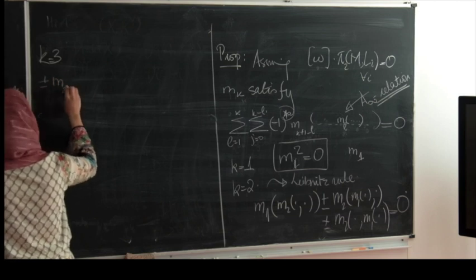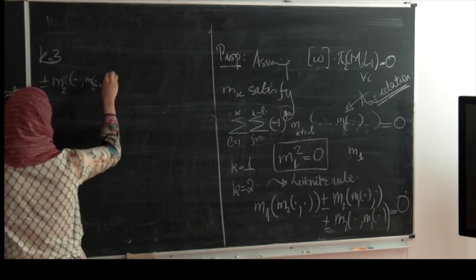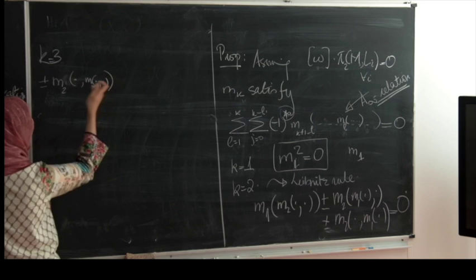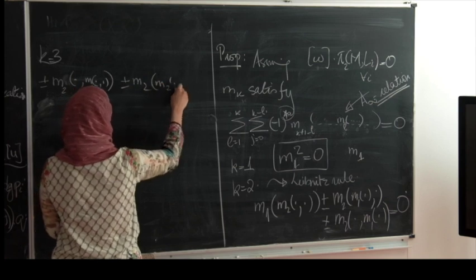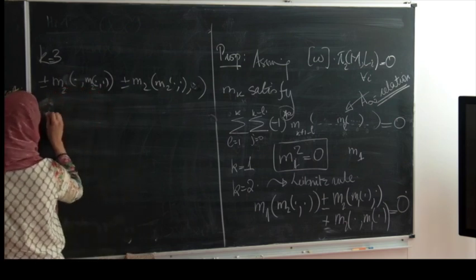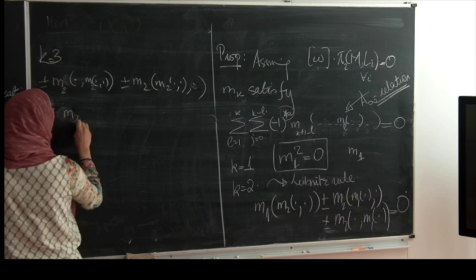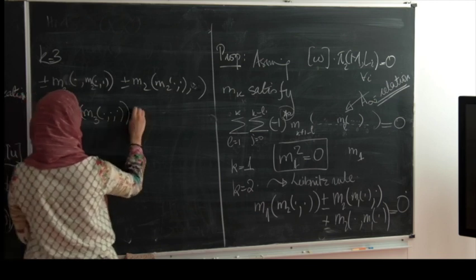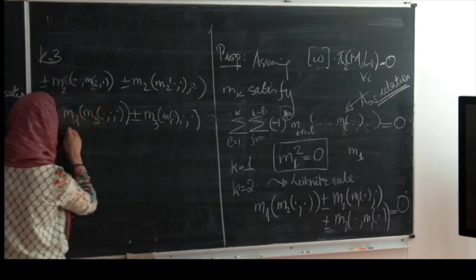So you get plus or minus m_2 composed with m_2, because k is 3, so now you have 3 arguments involved, so you have 3 dots, fill it in with whatever, m_2 of m_2 and a dot, plus or minus m_3, or maybe m_1 of m_3, plus or minus m_3 of m_1, and then m_1 could be in two other places.